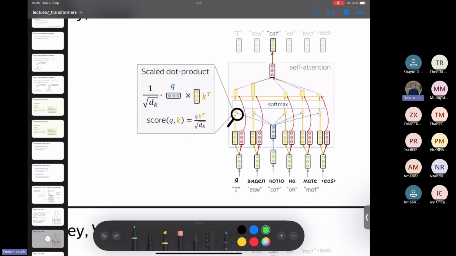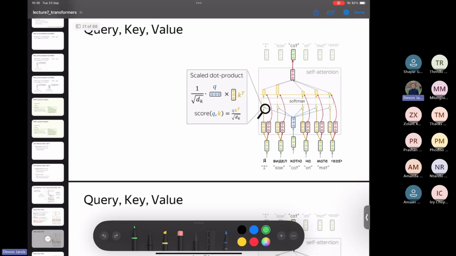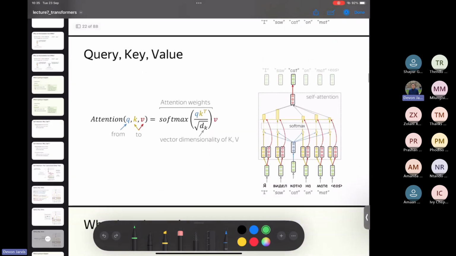So it's an implementation detail. These were things that got found somewhat over time and were essentially hand wavy to begin with, before people started to realize the benefits of it. And now there are many people who believe that square root of dk, that vector dimensionality, is actually doing a lot of heavy lifting.